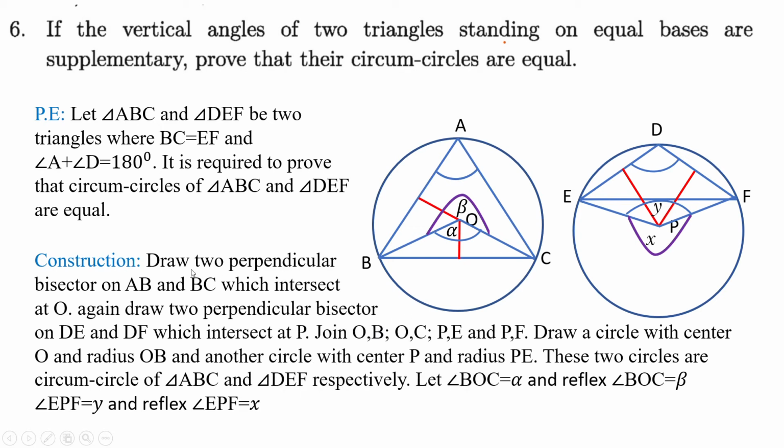Construction: draw two perpendicular bisectors on AB and BC. The red lines represent the two perpendiculars which intersect at O. Here these two red lines represent perpendiculars which intersect at point P. Then we get the centers of the circumcircles.